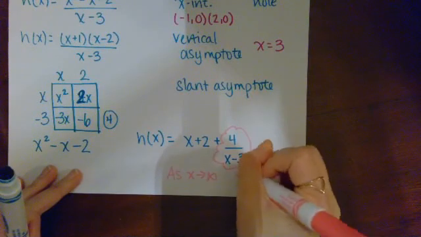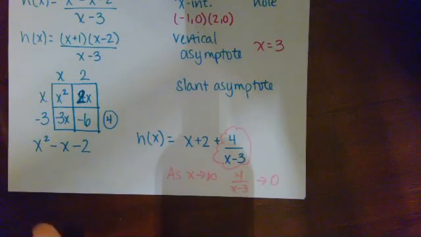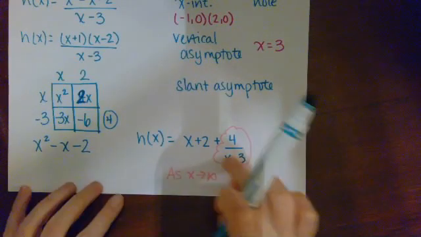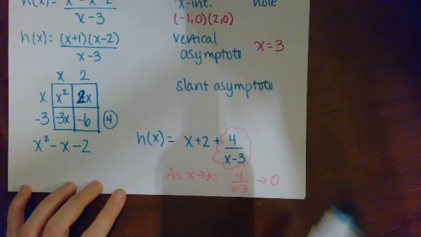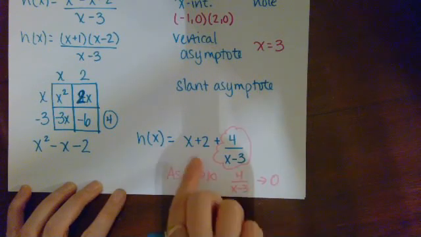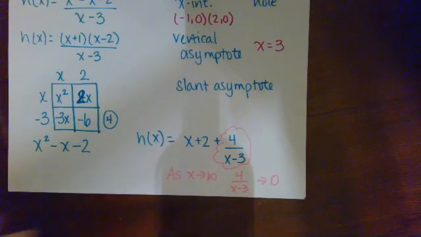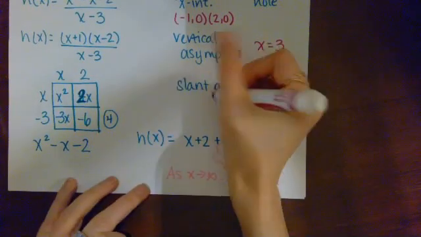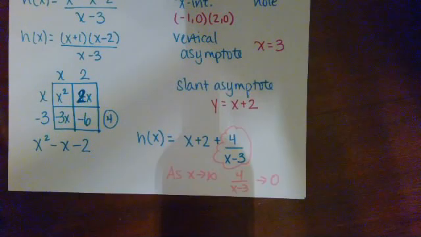So as x goes to infinity, 4 over x minus 3 is going to go to 0, which means as x goes to infinity, we can ignore this whole thing right here because it's just going to be 0. So therefore, as we zoom out and x goes to infinity, this function is just going to look like the line x plus 2. So the slant asymptote here is going to be the line y equals x plus 2.